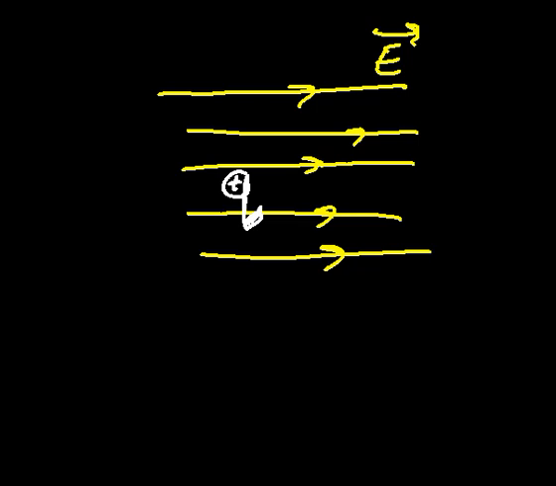If it is a negative charge, it experiences the force against the direction of the electric field lines. So keep that in mind. Here we have a positive charge, so it will experience the force in this direction.